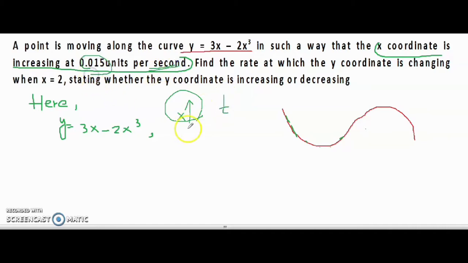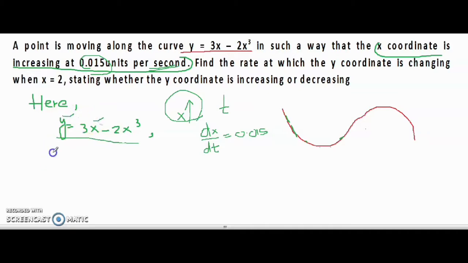So there is a change in x with respect to time, that is dx over dt, which is equal to 0.015. In every rate of change question, you may find a term in this form. So you have to identify it.